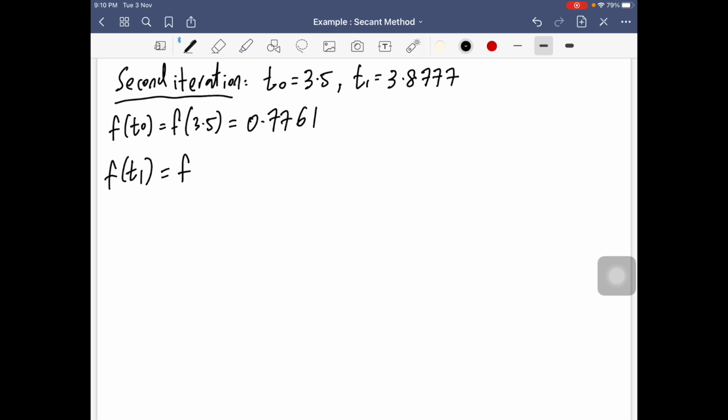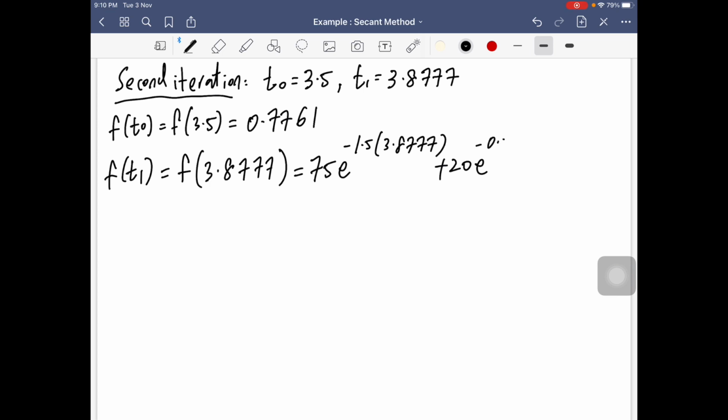So you have f(3.8777) here, and then you substitute into 75 exponent negative 1.5 multiply with your t1. This should give you f(t1) equal to 0.1762.